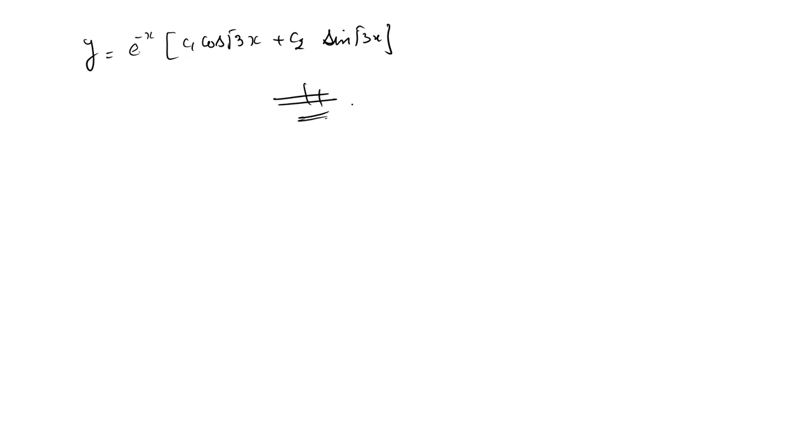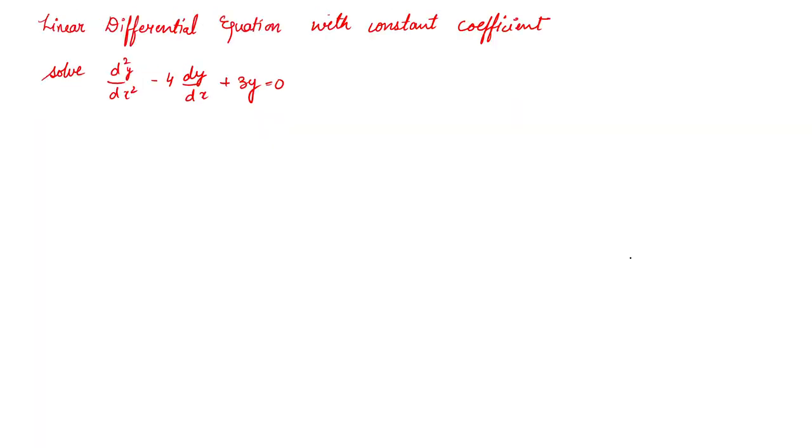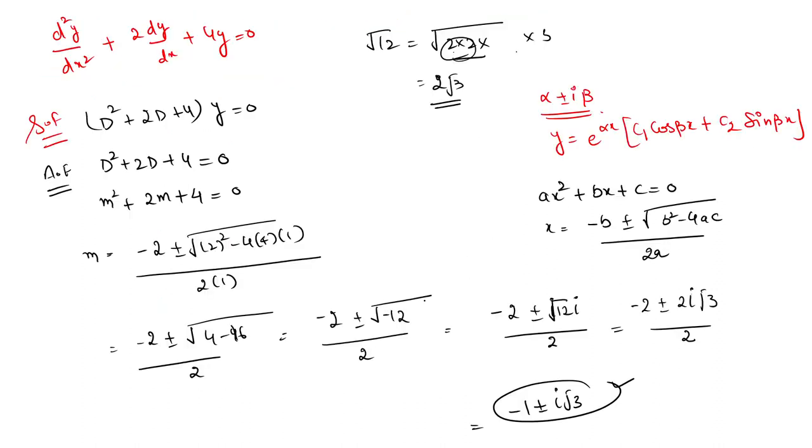So now these are all three types. Firstly, we saw how to solve when the roots are distinct. The second is if you have the same root, how you can find a solution. The last one is if you have complex roots, how you can find a solution. So thank you very much.